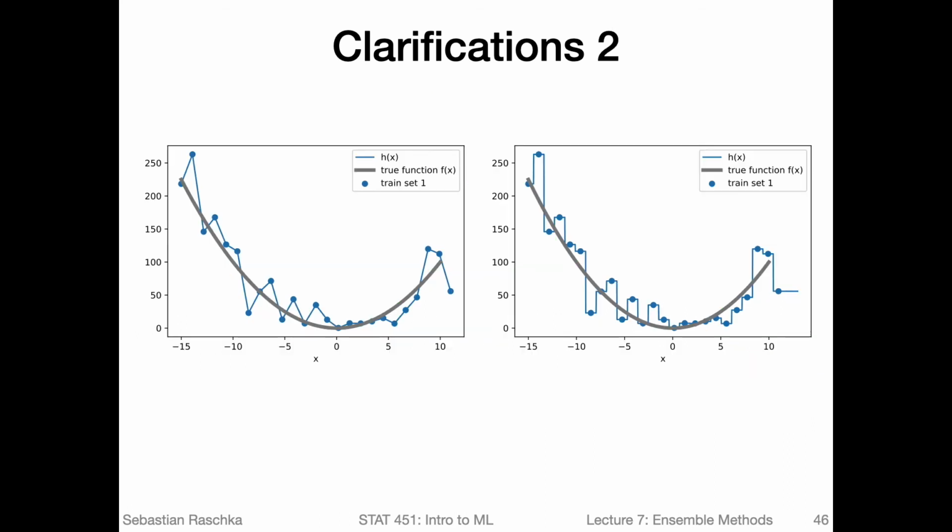The second clarification I wanted to make is more related to the decision tree itself. I was showing you this unpruned decision tree for regression, actually multiple ones in the previous plots.